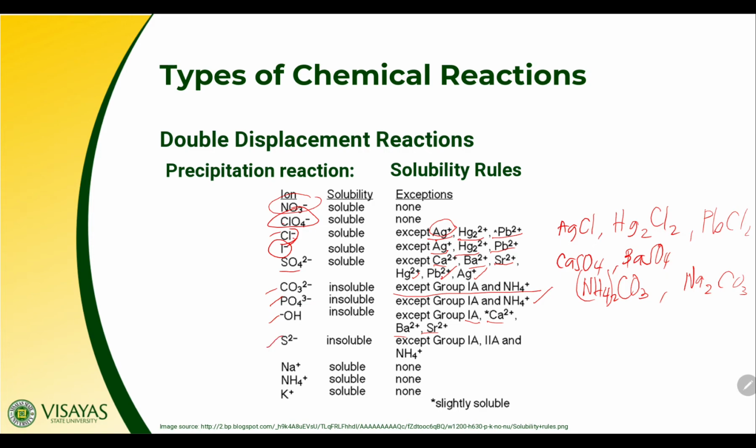For sulfide, we have insoluble, but when they are paired with group 1A, 2A elements, and with ammonium, they are soluble. For sodium, ammonium, and potassium, they are all soluble. Okay, compounds containing sodium, ammonium, and potassium are soluble, so they don't form precipitates.